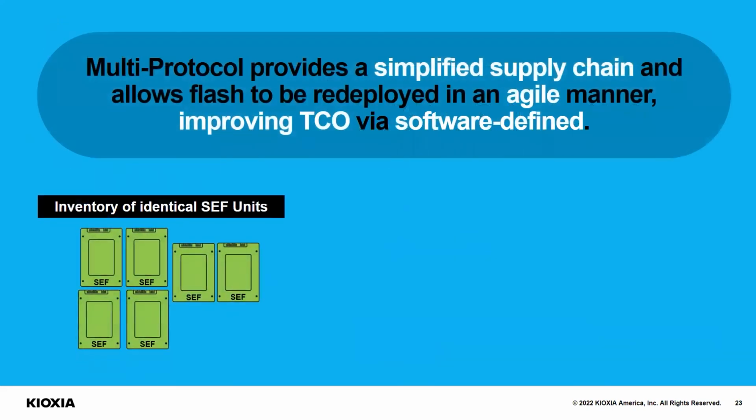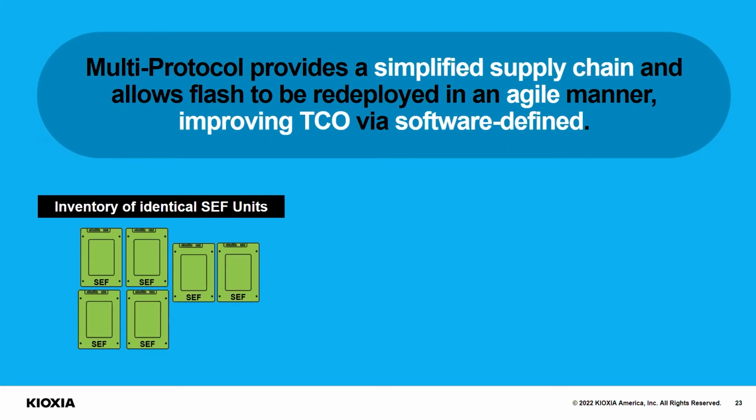So let's be a little more concrete. A few minutes ago, you saw this basic same diagram using fixed protocol flash with separate drive types in the storage there, and no way of optimally redeploying flash for new applications. So here we see the same kind of setup, but with software-enabled flash.